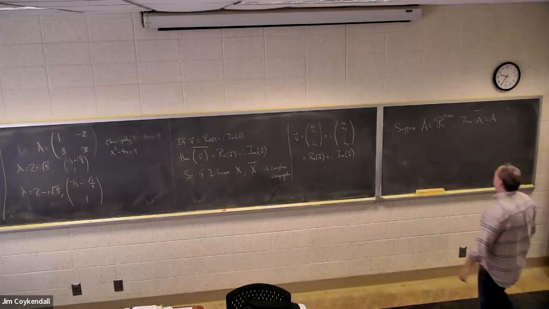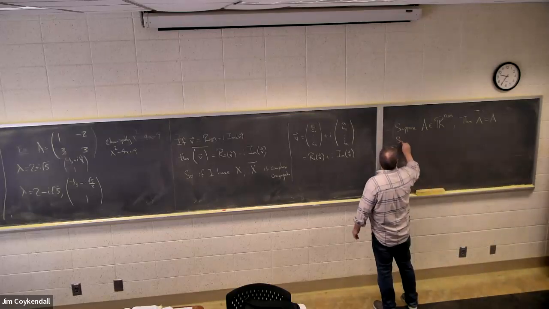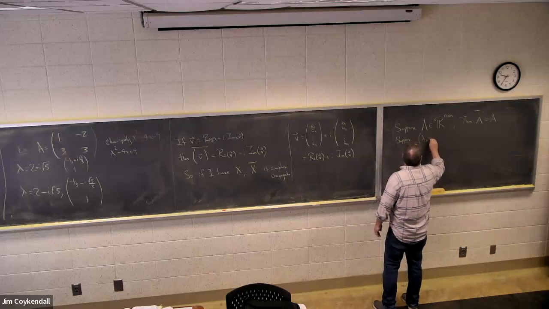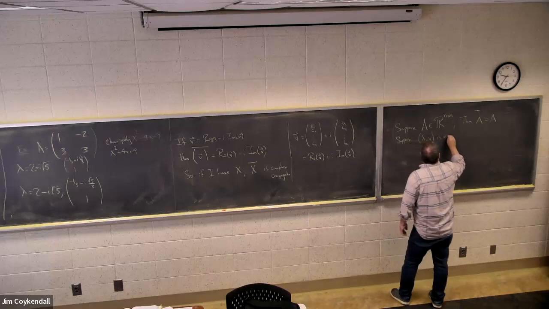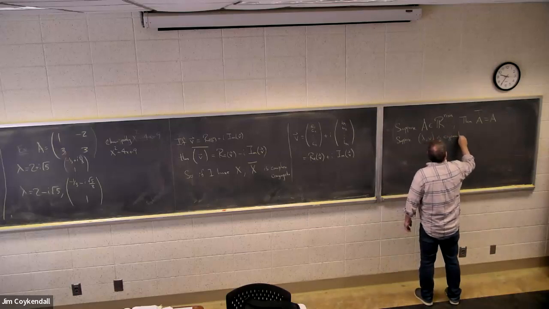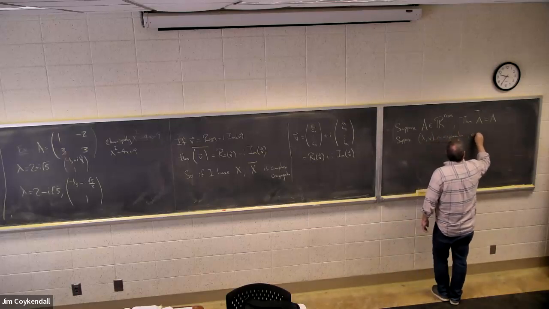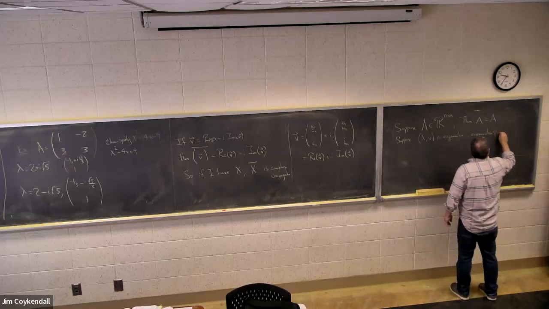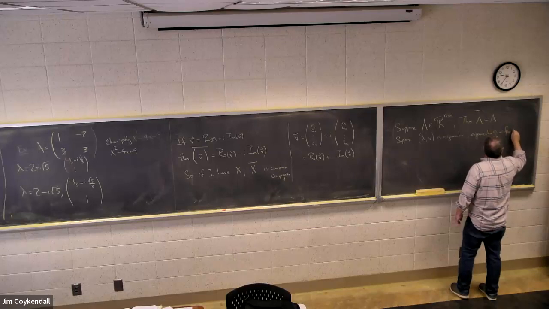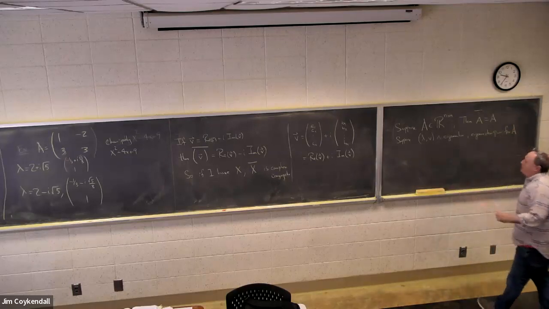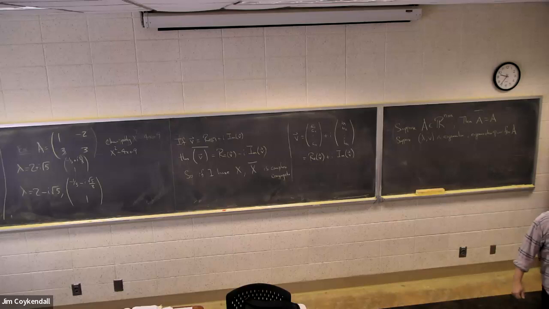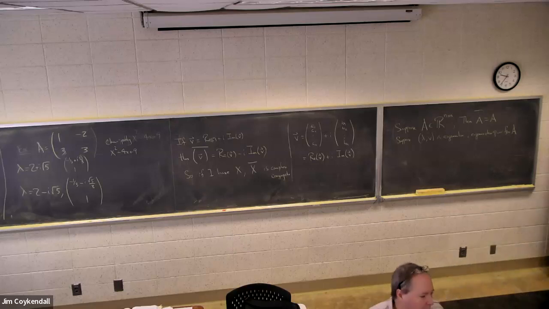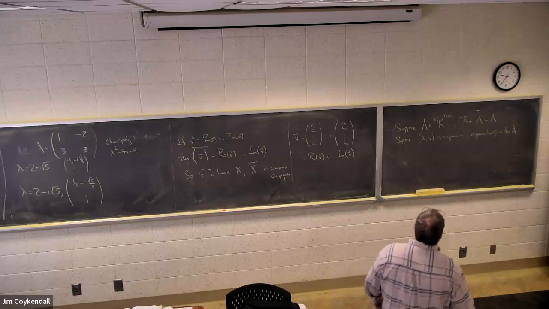Now suppose lambda, B is an eigenvalue and eigenvector, so AB equals lambda B. And again, let me stress the importance of the fact that this is a real matrix. If there are entries that are not real, this doesn't work anymore, so you have to be careful about that.